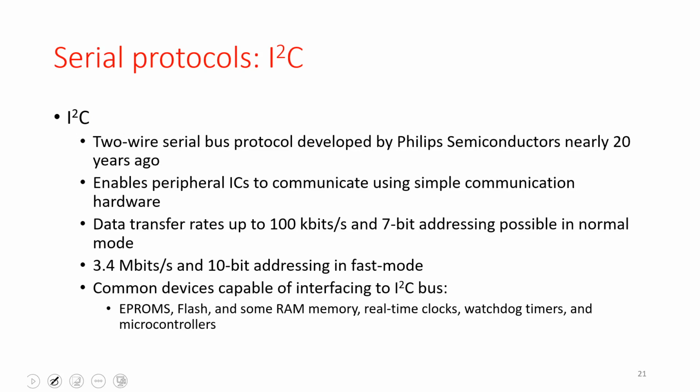It has a limit in terms of the amount of data transfer rate, because it is a single wire protocol or 2-wire protocol. The data transfer rate may be limited, but it is a simpler protocol to use in many embedded applications or simpler communication needs.